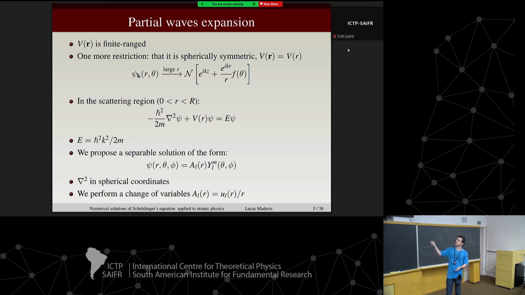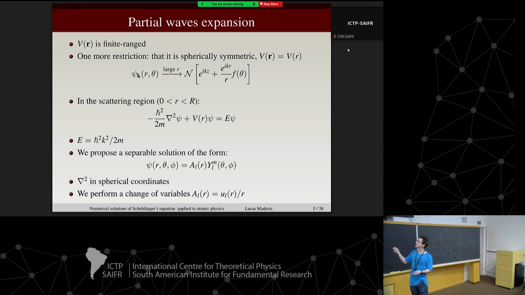Inside of the region of the potential, so I'm going to say that my potential has some range big R, I want to solve Schrödinger's equation, okay? And how do we do that? This is a three-dimensional equation. Well, we know that the potential is spherically symmetric. I can propose a separable solution in terms of a radial wave function, a function that depends only on the distance r.